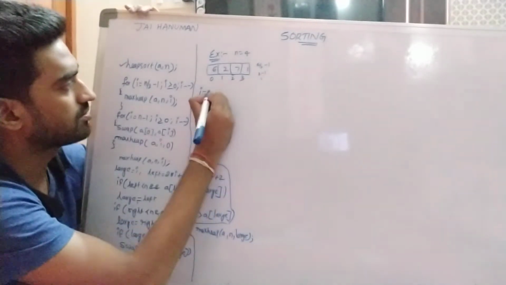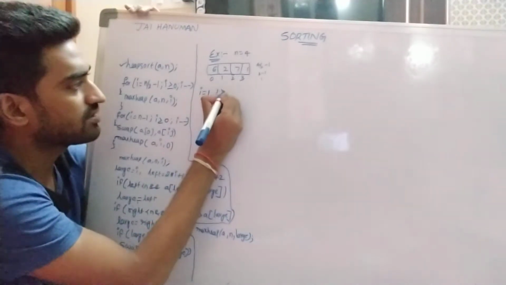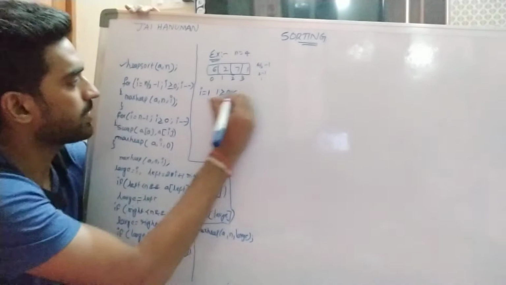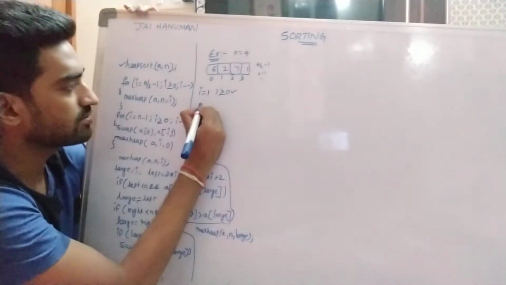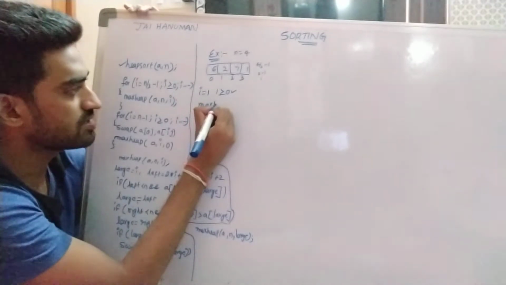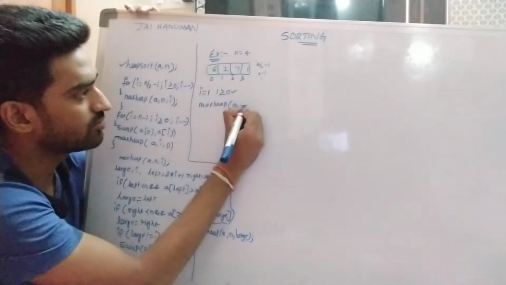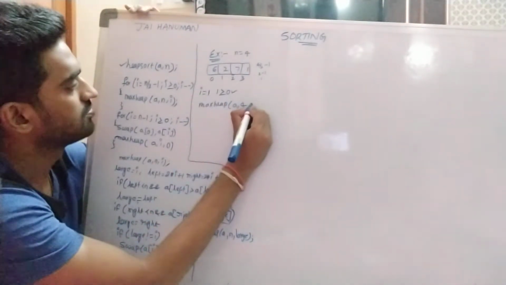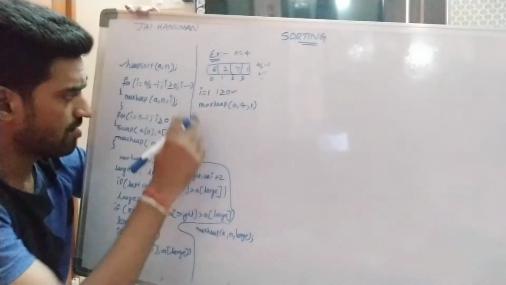So i is 1, and 1 is greater than or equal to 0. The condition is true, so we call max heap with a comma n comma i. What is the n value? 4. And the i value? 1. So a, 4, 1, right?